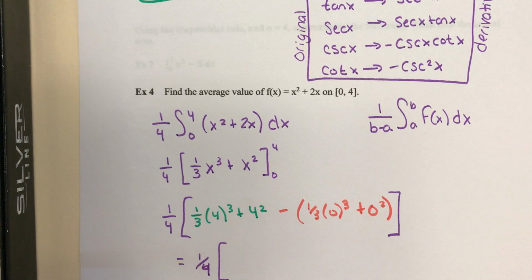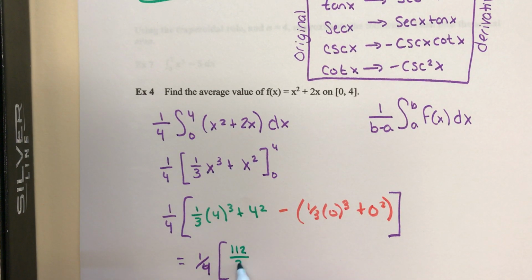Now I'm going to evaluate the part in green first, so that top part that I plugged in. So I've got 4 to the third power, which is 64. If I divide that by 3 and then add 4 squared, which is 16, I get a fraction, 37 1/3. So I'm going to write that as 112 over 3.